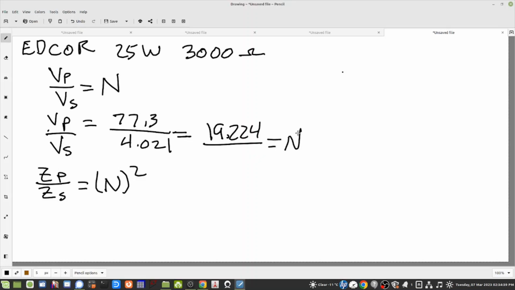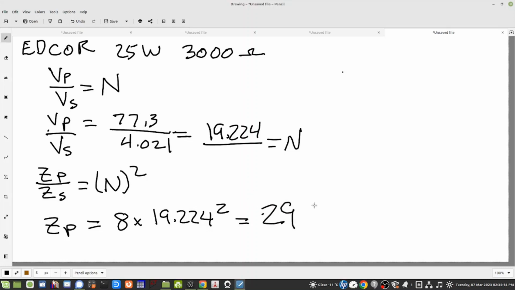Of course, that's N. And if we say ZP equals 8, because that's our impedance tap we've moved out on, times 19.224 squared, 8 times 19.224 squared, we get 2,956 ohms.